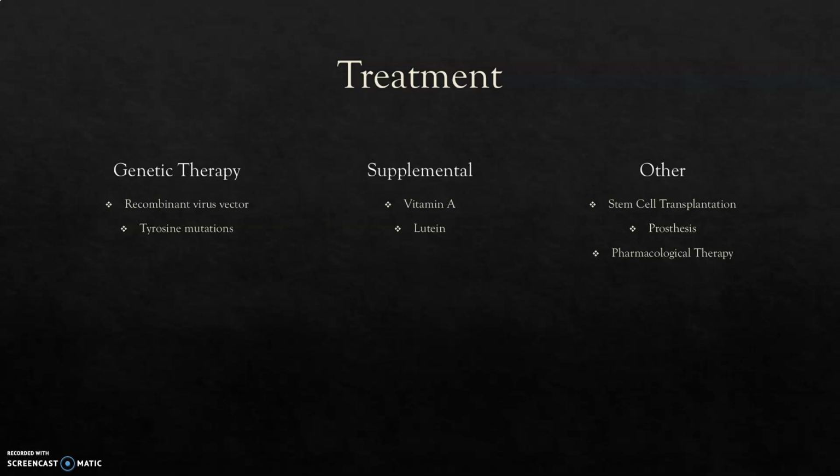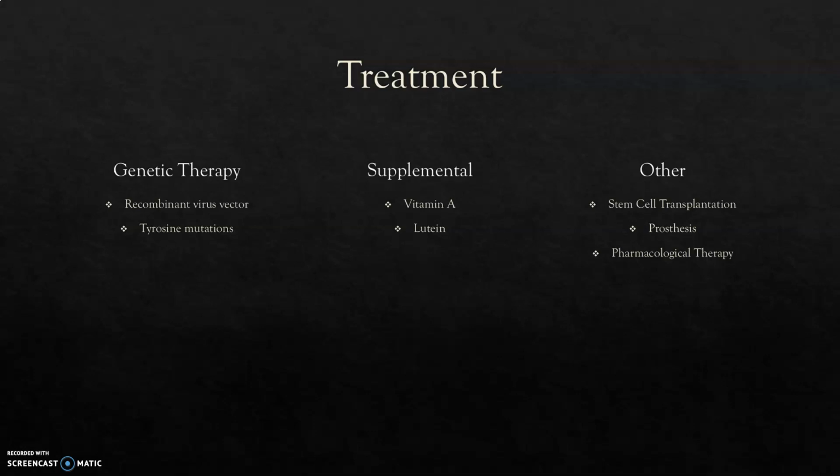in the retina and the outer rod segments, and it has been shown that non-smokers can take lutein, and their visual field degradation is slower. You can also have stem cell transplantation, where stem cells are entered into the retina, and they can take form of the old rod and cone, and that can slow the degradation.